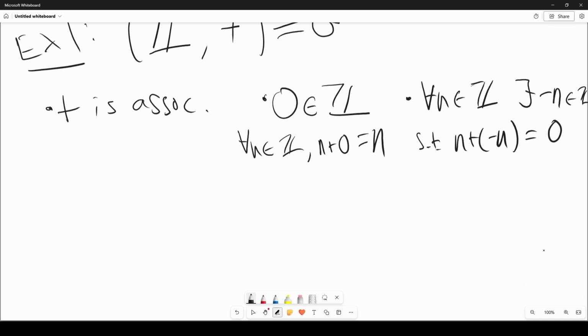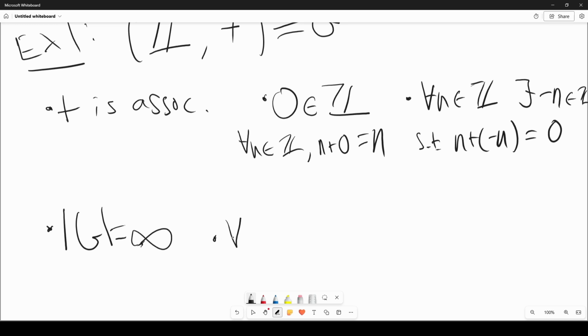Great. So it's clear that this thing is a group. It satisfies all the group laws. Now let's look at some of our definitions we defined. The order of our group is going to be the number of set elements, but since Z is not finite in size, this group has infinite order.